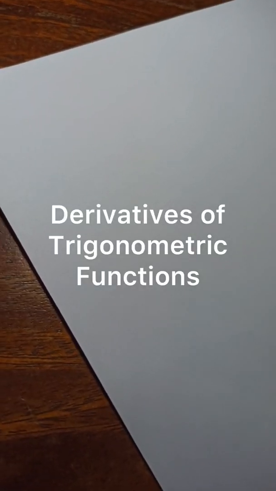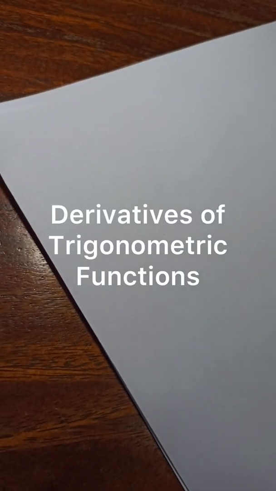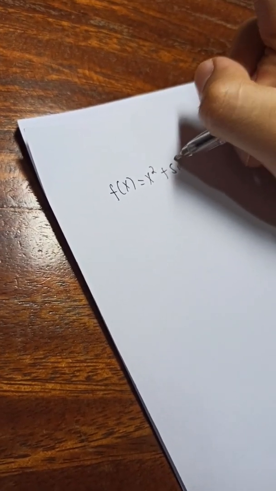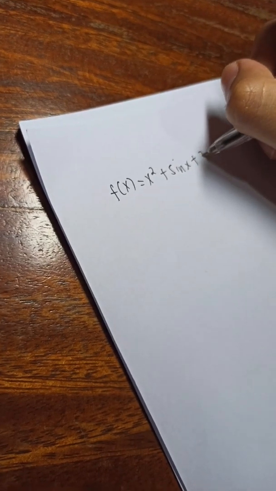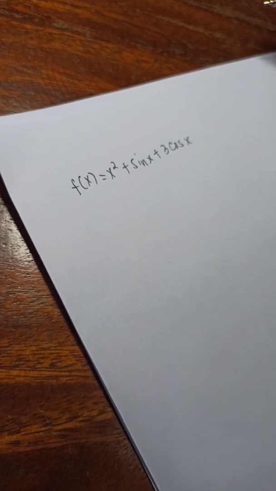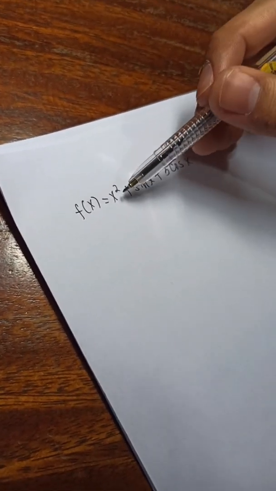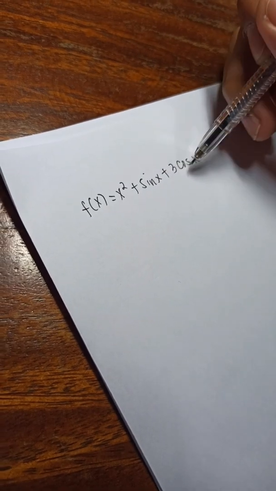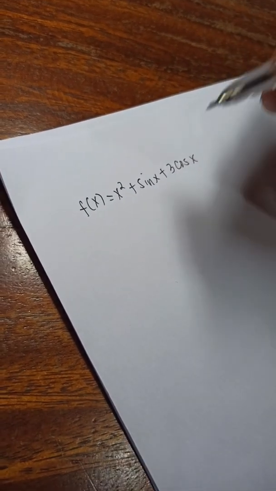So our next topic would be about the derivatives of trigonometric functions. Say we have, for example, f of x is equal to x squared plus sine x plus 3 cosine x. What we need to do is get the derivatives of x squared, sine x, and 3 cosine x.